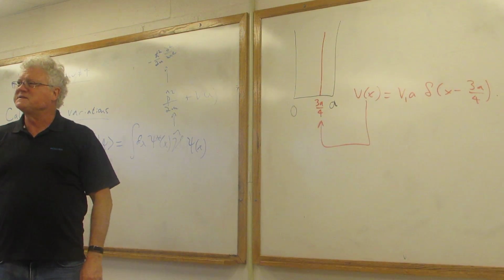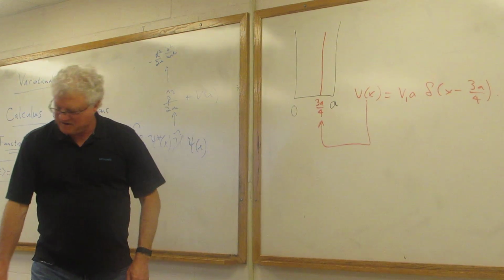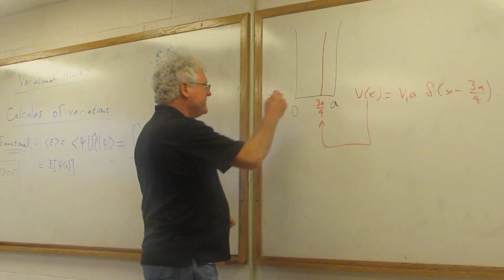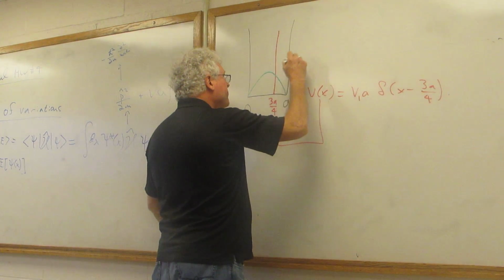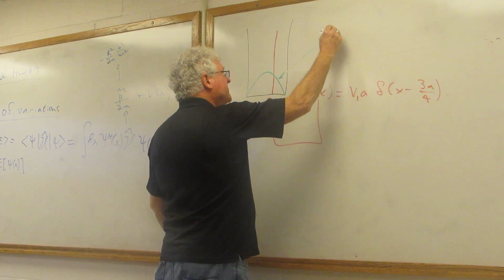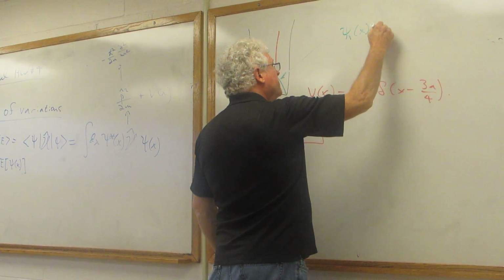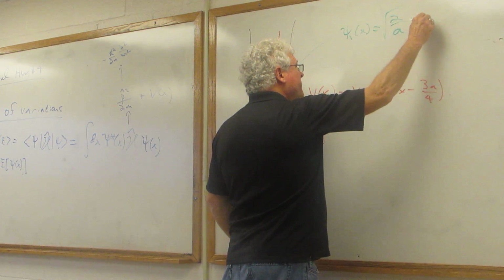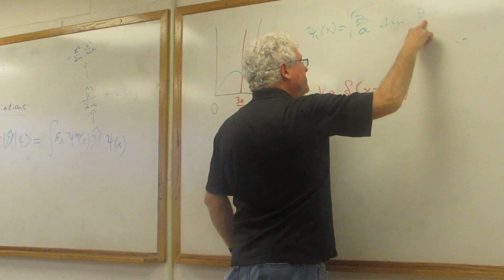So let's take a linear combination of the original ground state, which looks something like this. The original psi1 was just root 2 over A sine of pi x over A, the way I write it here.